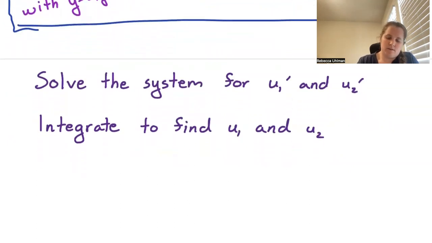And then y is equal to u1 times y1 plus u2 times y2. I need to update my screen. I apologize.